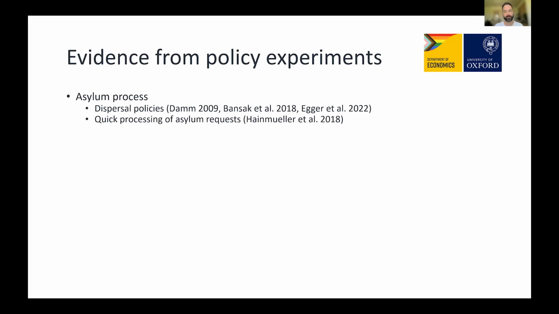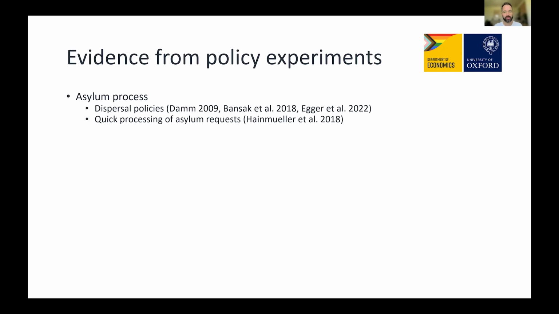So the first set of papers looks at how the asylum process is governed and how that impacts long-term integration. In many countries, including the UK, refugees are randomly dispersed across the country to avoid local agglomeration or a concentration of refugees.